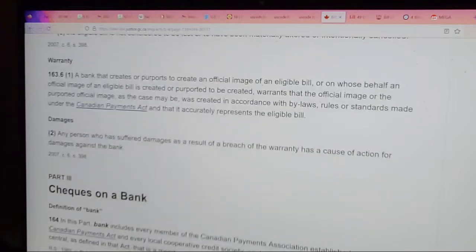Warranty. 163.6. A bank that creates or purports to create an official image of an eligible bill, or on whose behalf an official image of an eligible bill is created or purported to be created, warrants that the official image or the purported official image, as the case may be, was created in accordance with bylaws, rules, or standards made under the Canadian Payments Act, and that it accurately represents the eligible bill.